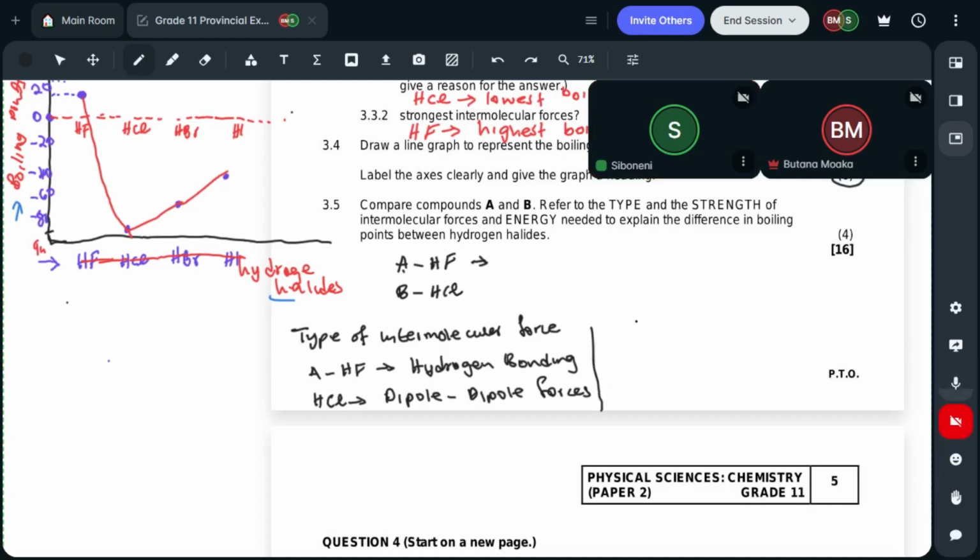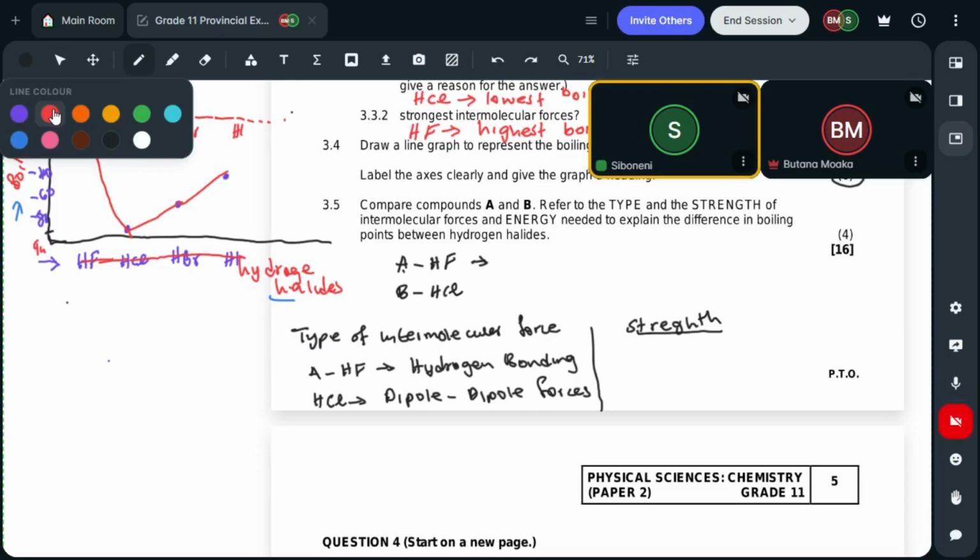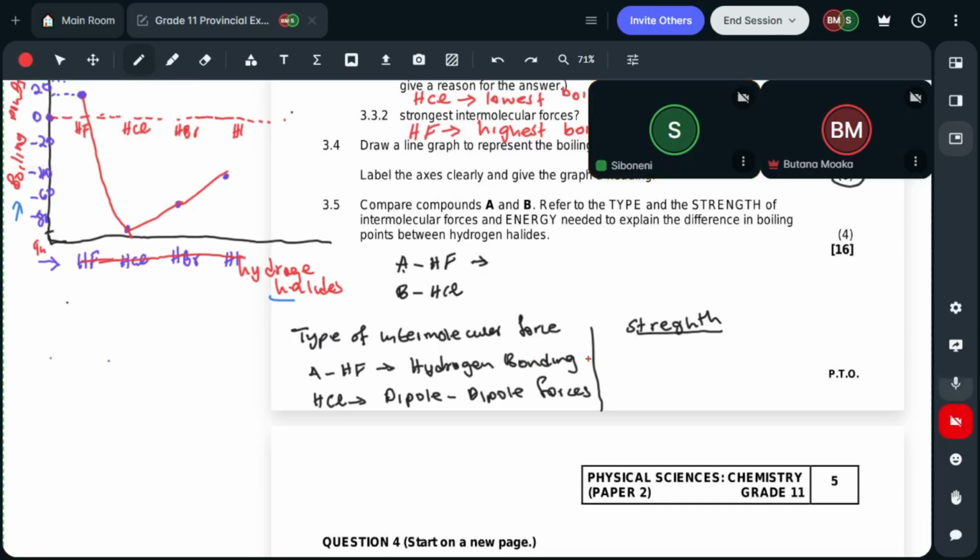Let's talk about the strength. We know that hydrogen bonds are very strong, and this one is weaker. Now, for the strong one, we talk about the energy needed.